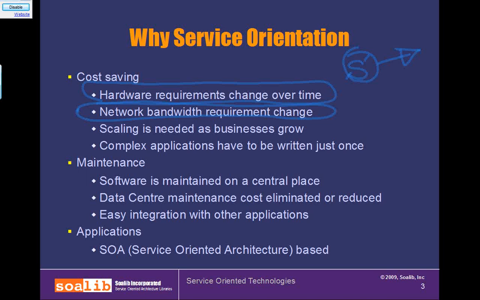On the other hand, just a simple application, like for example websites, may just need 10 megabits of bandwidth. Somebody has to pay for all these bandwidths, and offering software as a service eliminates the bandwidth purchase. Scaling is needed as business grows.